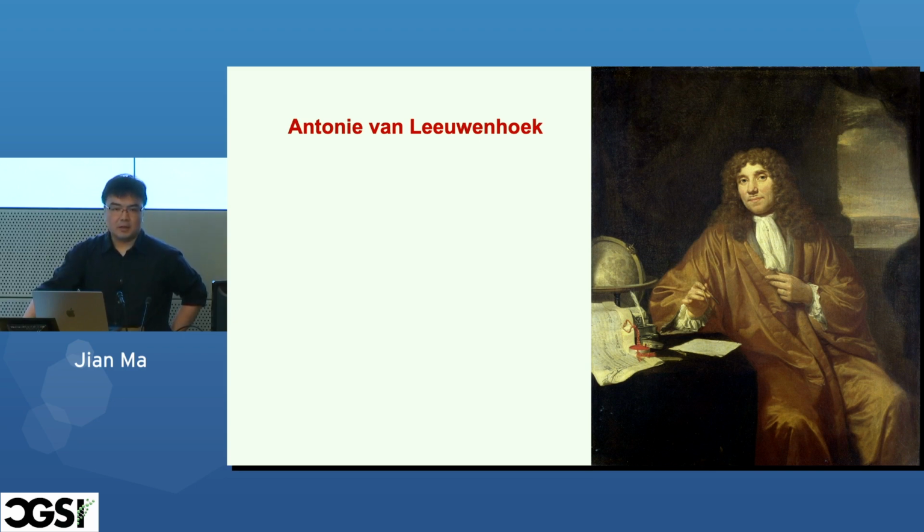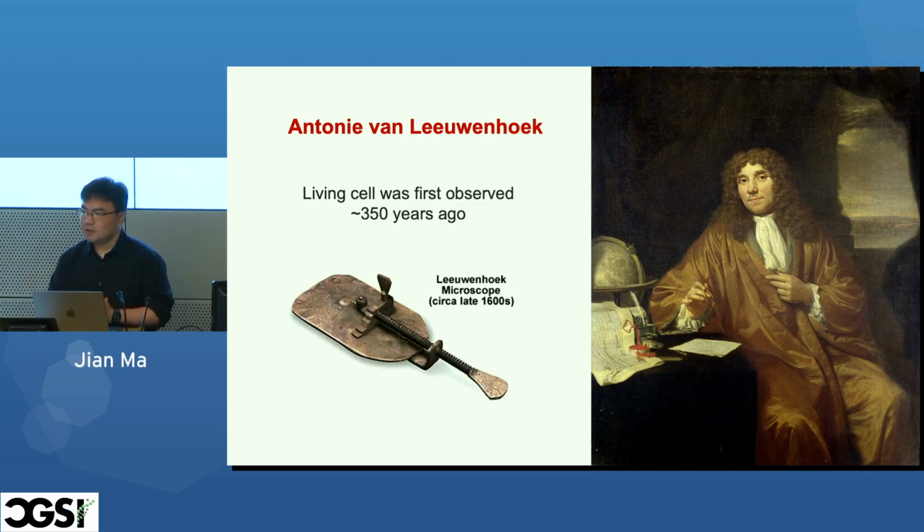He was actually a cloth merchant, selling clothes and fabrics. And he liked to assess his cloths and fabrics, so he built these magnifying lenses. And this is the tool that he built in the late 1600s.